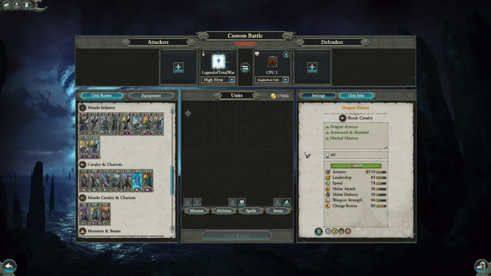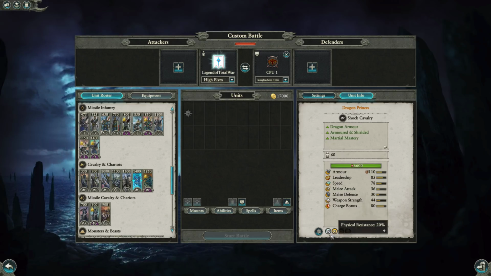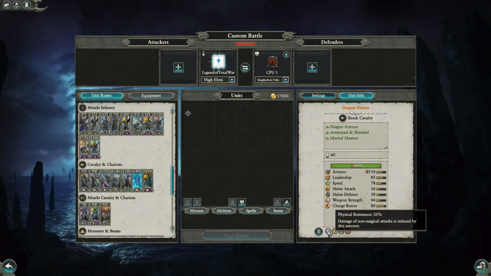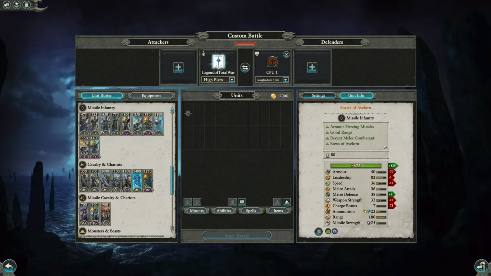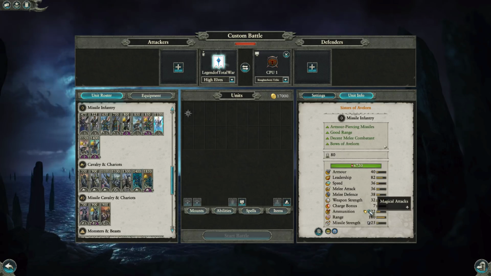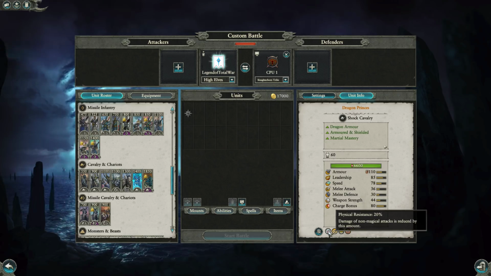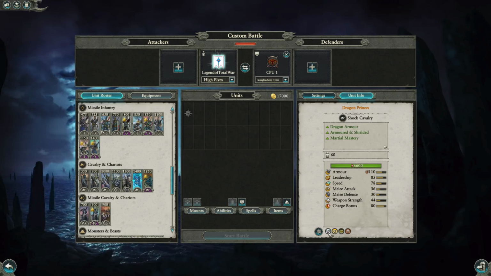Dragon Princes have 70% fire resistance and 20% physical resistance, right? If a Sisters of Avalon was shooting at a Dragon Prince, because their attack is firstly a magical attack, that will bypass the physical resistance, so that counts for nothing.